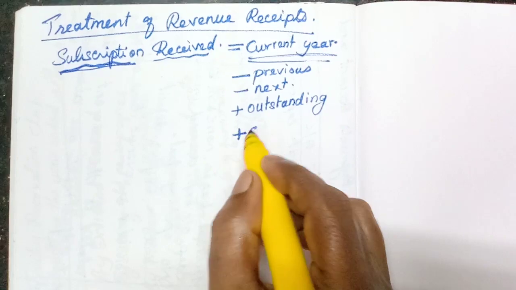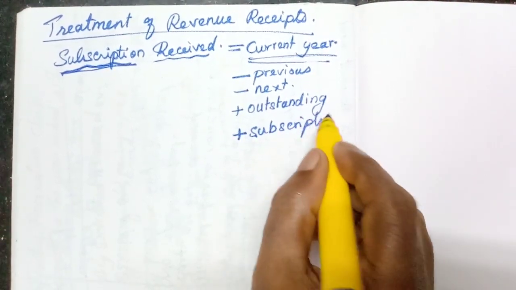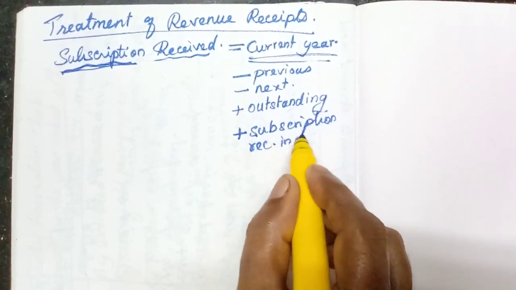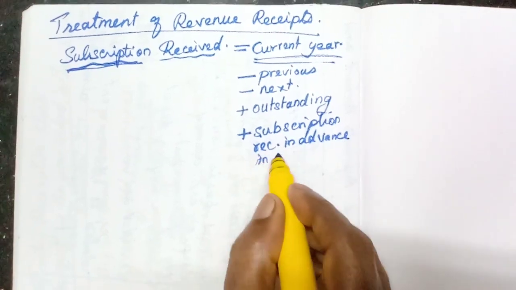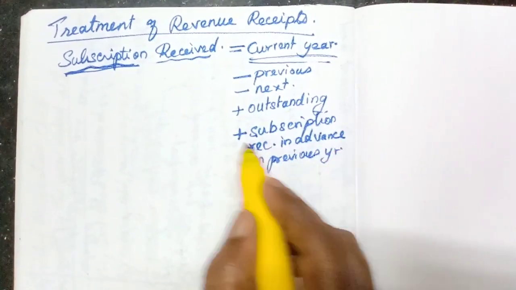That is subscription received in advance. Subscription received in advance in which year? In the previous year. That also must be added.